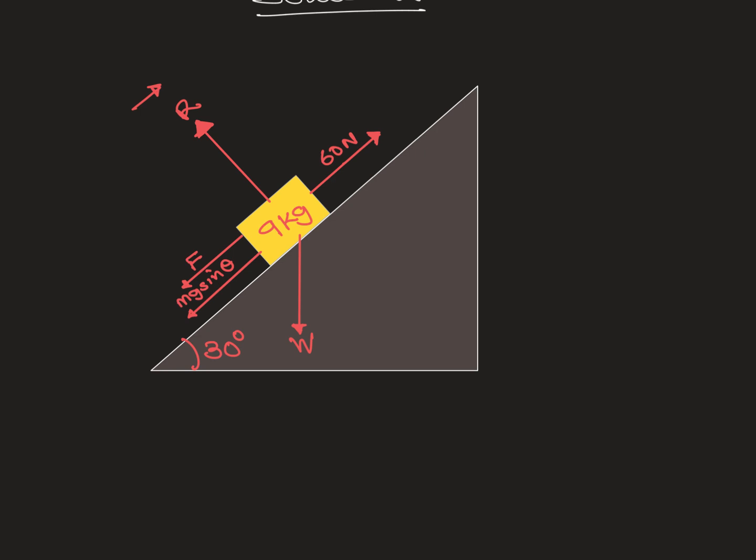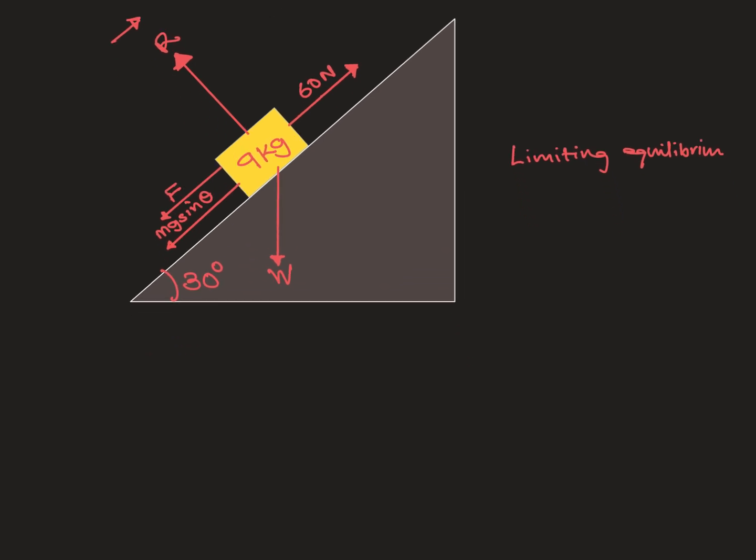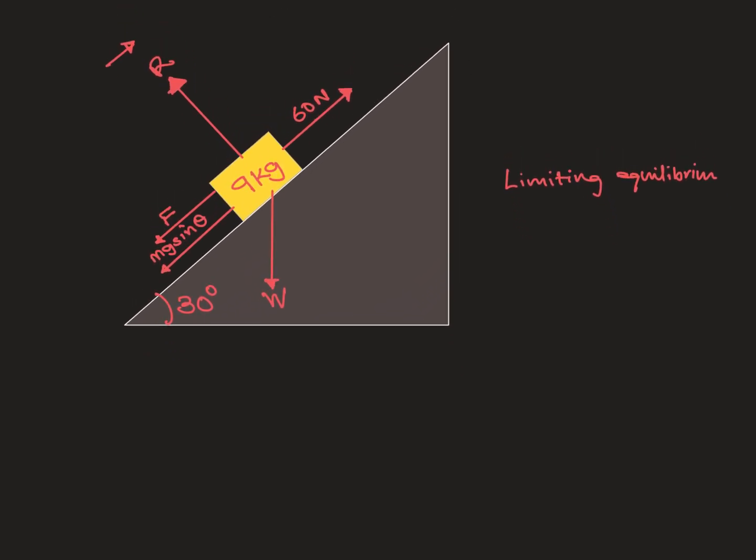When a body is about to move, that is called limiting equilibrium. This is not acceleration, but limiting equilibrium. So if a body is in limiting equilibrium, we know that the opposing forces must be equal in magnitude. Which means the applied force, P, must be equal to the frictional force plus mg sine theta.